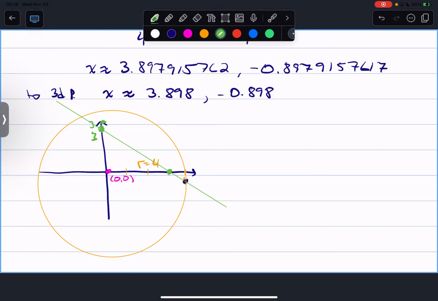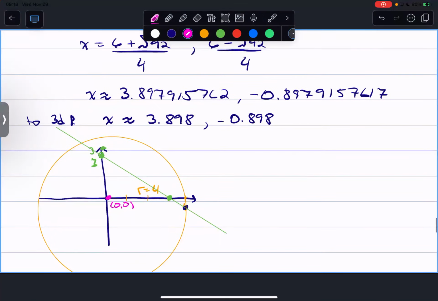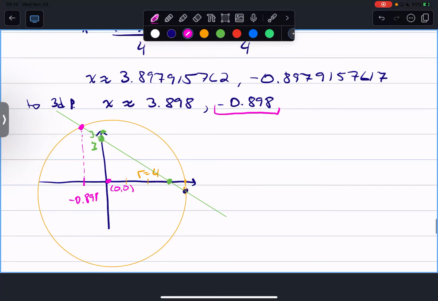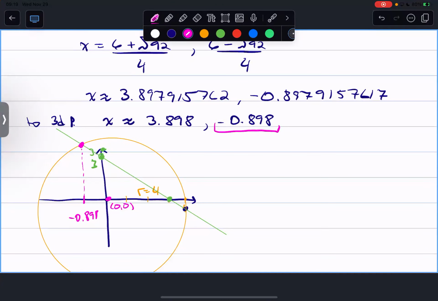Just a rough idea. Okay, so here we found that this must be this point here, negative 0.898. So when x is negative 0.898, I can solve for y. Now I have an easy option to solve for y, which is the line, right? I can plug in x equals negative 0.898 and solve for y.